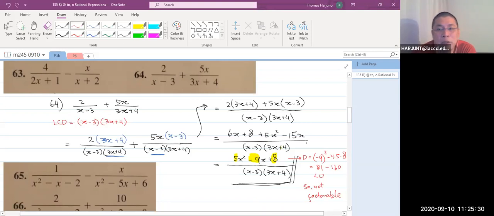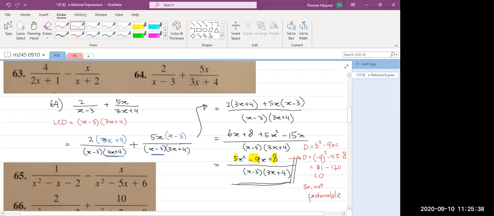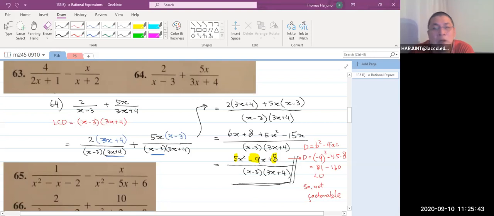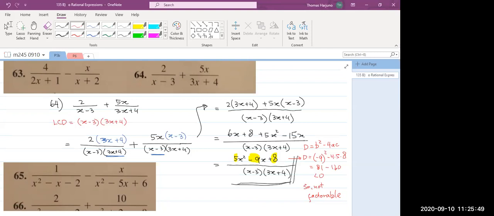That's one way to check if a trinomial is factorable further: check whether the discriminant is a square number or not. All right, thank you.